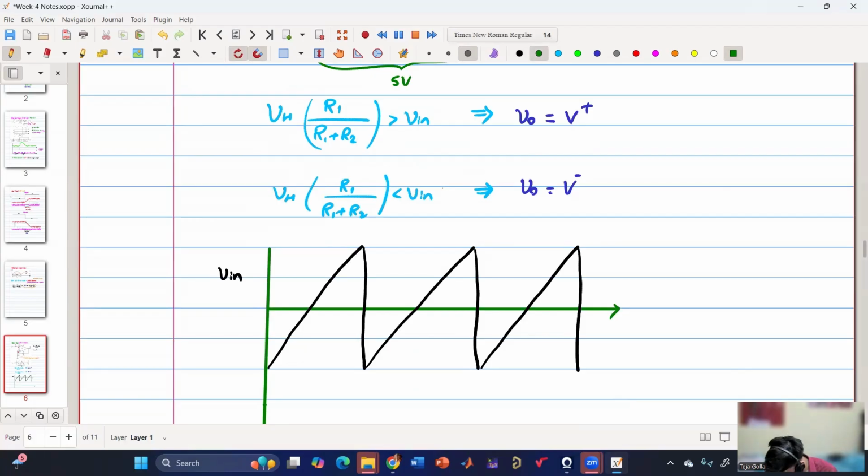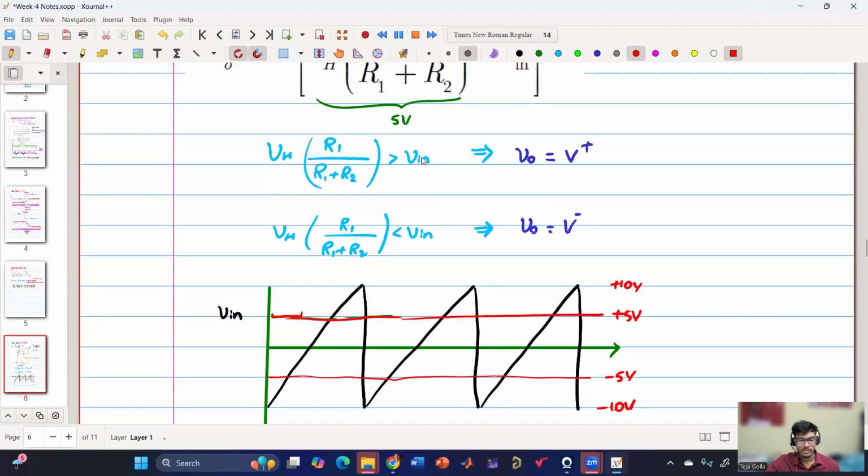So this is my +5 volt, and this is +10 volt, and this is my -5 volt, and this is -10 volt. So what does my calculation say? If my V in is greater than this -5 volt, then V naught will be V minus. If my V in is less than 5 volt, then V naught will be positive.